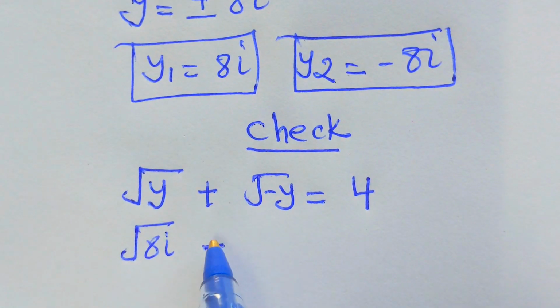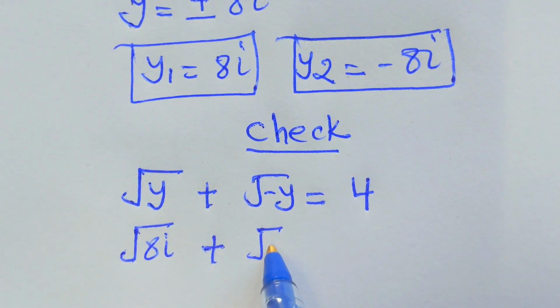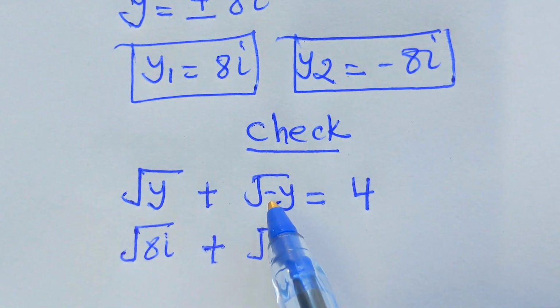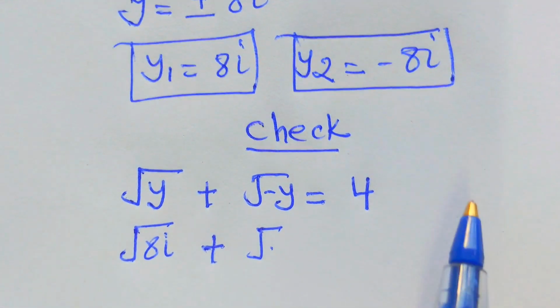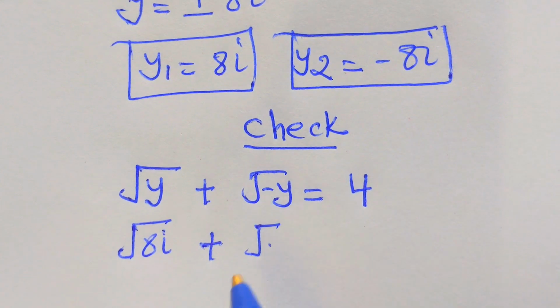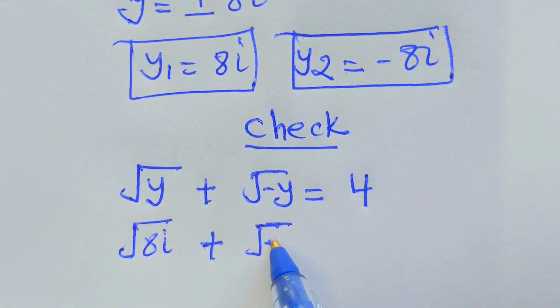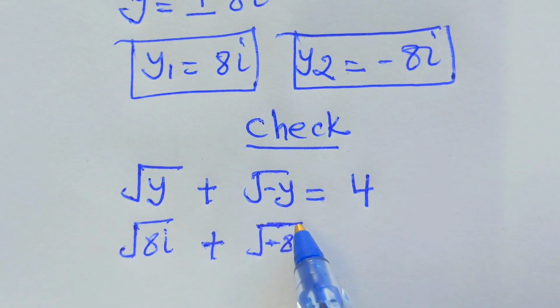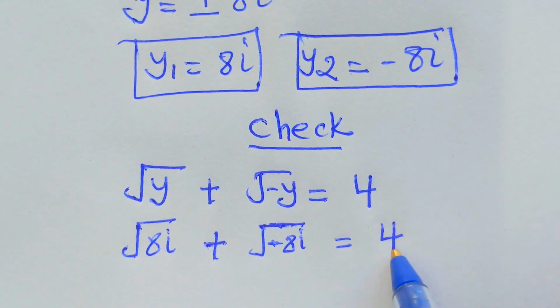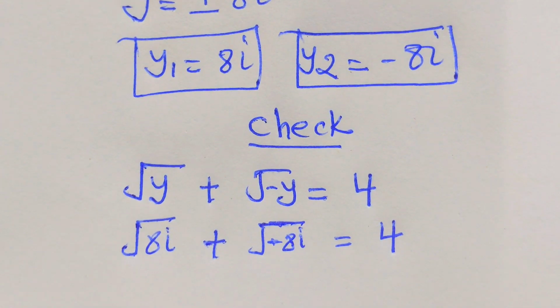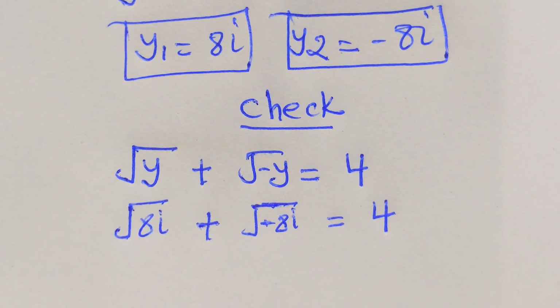Then plus square root of, of course this will be negative 8i, and this will be 4. Right, then what can we do?